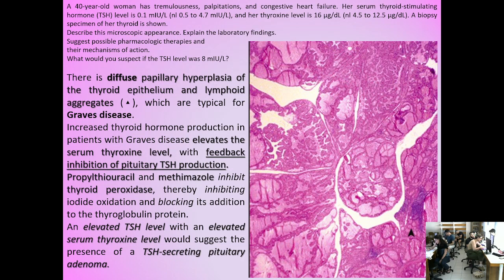This is not primary hyperthyroidism because TSH is increased. It is not diminished. So in this case, we have a problem in the pituitary gland, most probably a neuroendocrine tumor of the pituitary gland, which secretes increased amounts of thyroid stimulating hormone, of TSH.